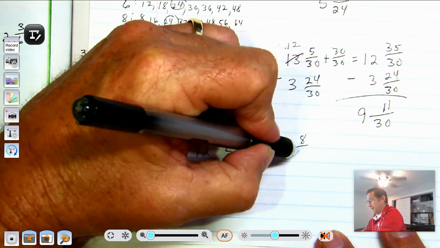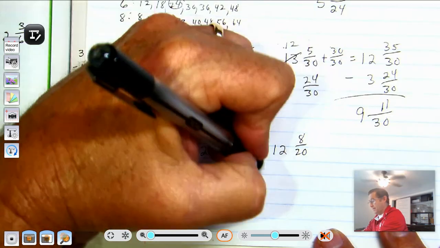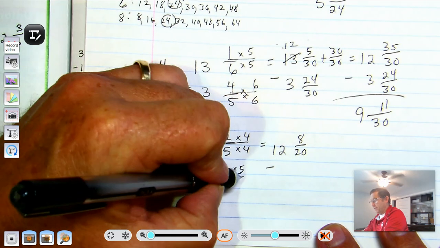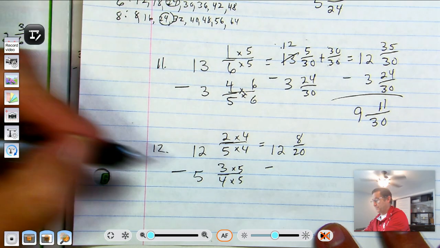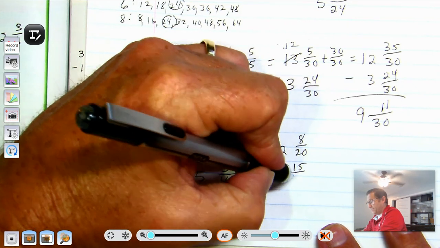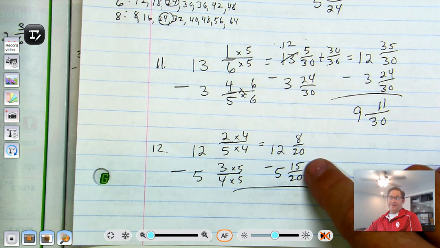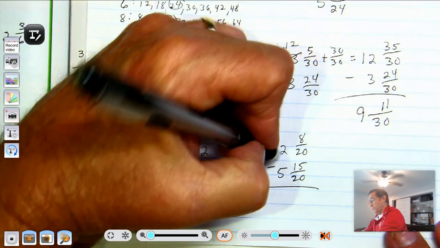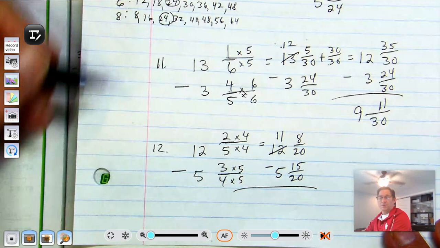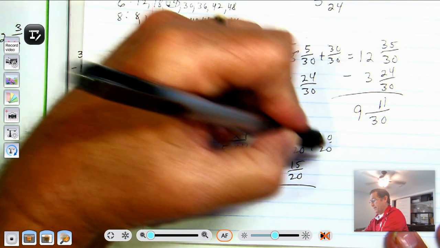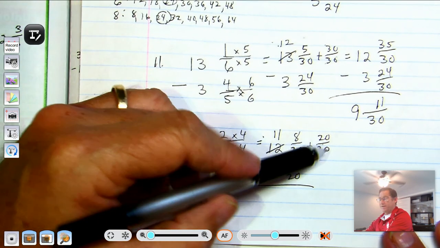So 12 and 8/20 minus, I'm going to multiply the 3/4 by the other denominator, 5. That's going to be 5 and 15/20. Again, we notice that we can't take 15 from 8, so we're going to rename the 12 wholes as 11 wholes and trade one of the ones for 20/20.